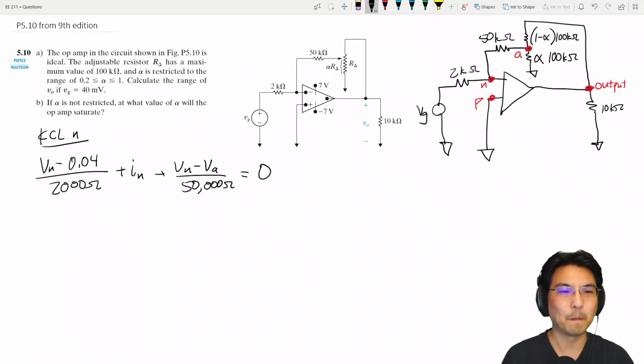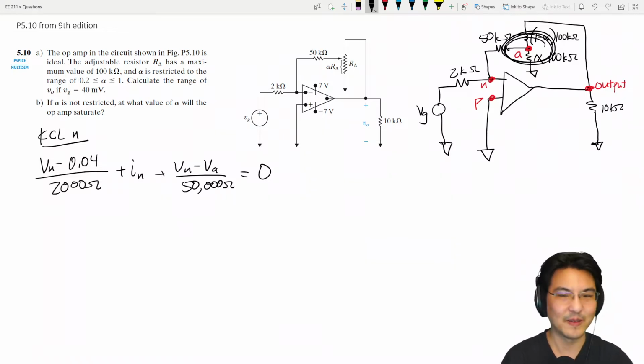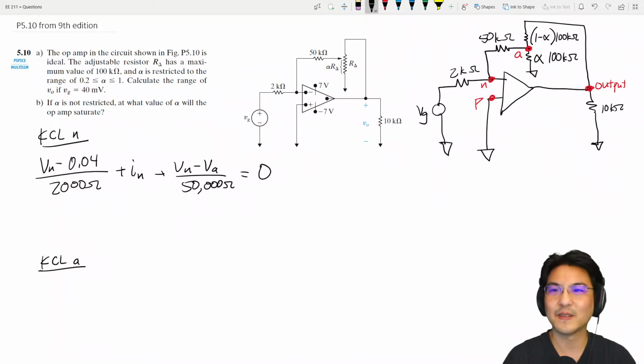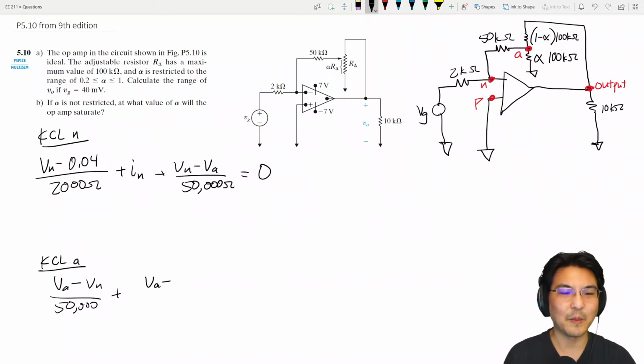And that's it. All right, now let's write KCL for node A over here. Going toward the left, Va minus Vn over 50K, plus, let's go down this way, Va minus 0 over alpha times 100K.